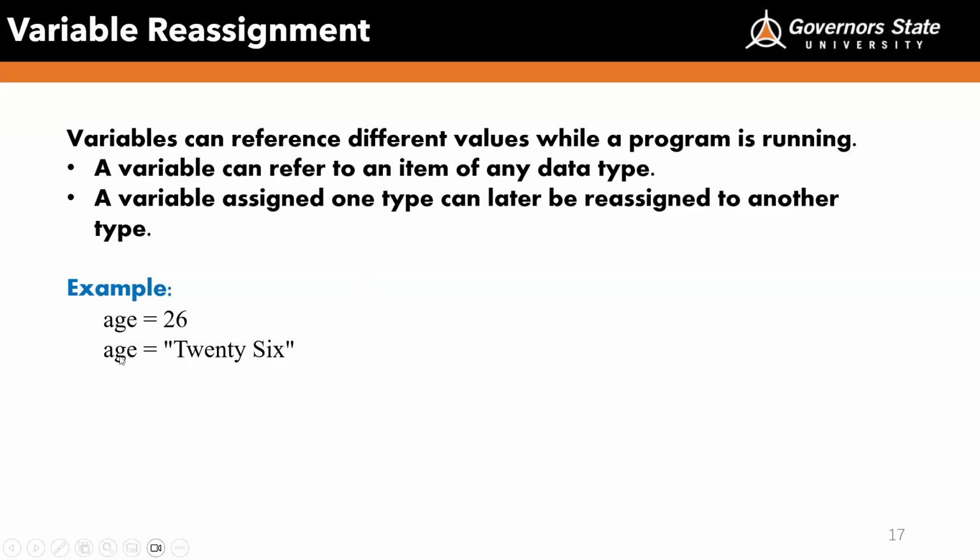And if you want to reassign the same variable to another string, it is also okay. So this variable automatically changes the data type as well. I think this is the most convenient part, and also really user friendly for beginners.